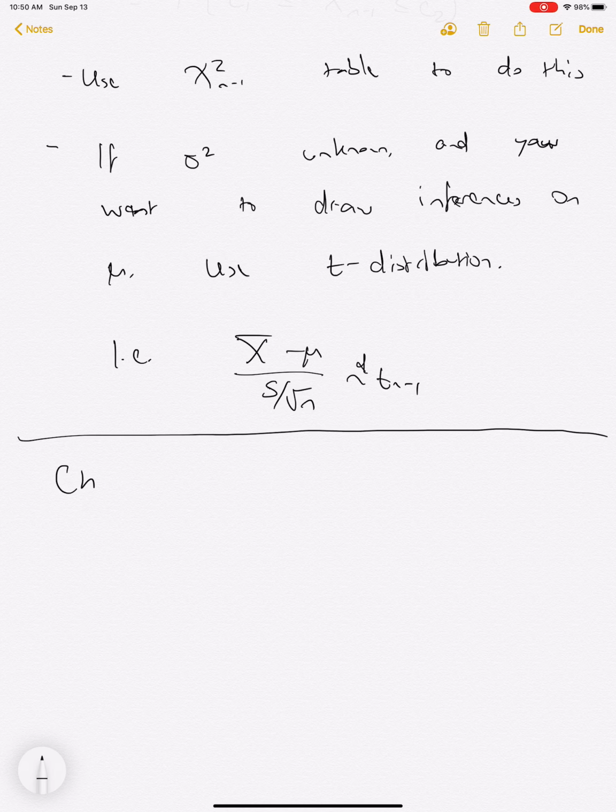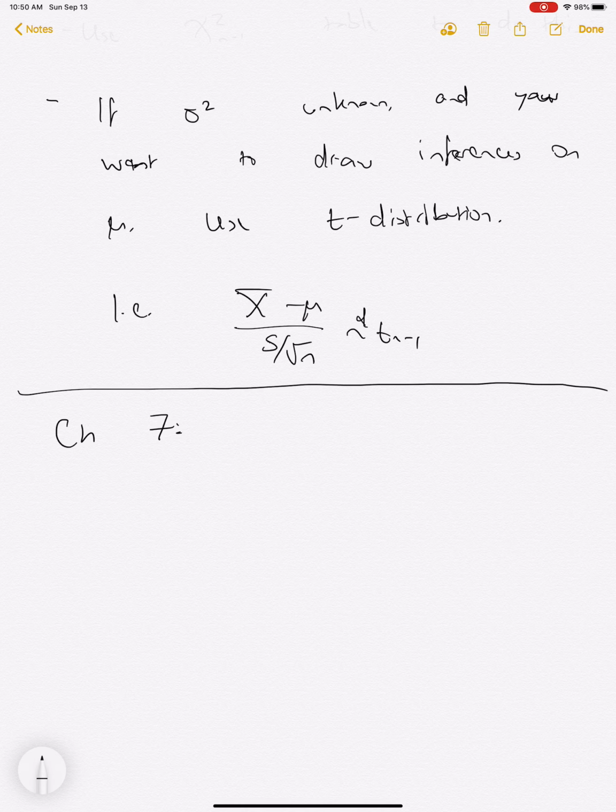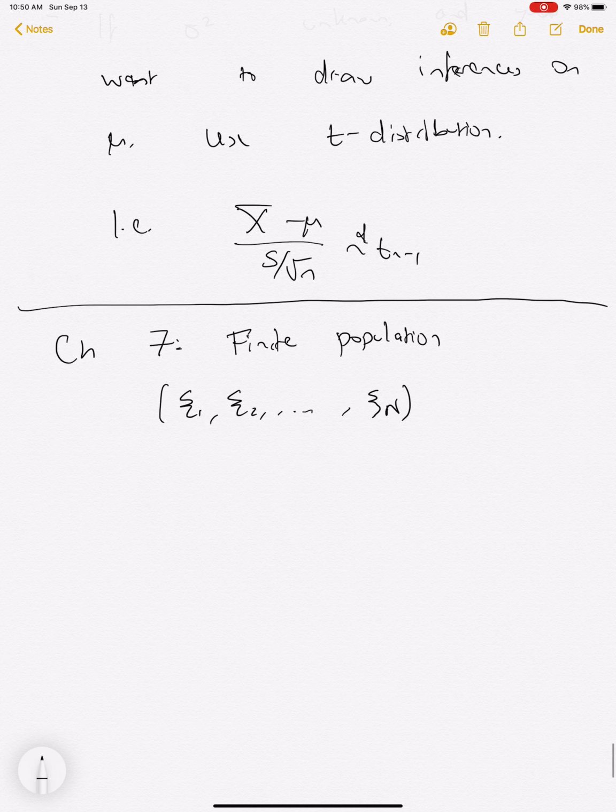So in chapter 7, if we look at the key components of the framework, we had a finite population. You can think about a voting population where there are N people. N is the population size, and this is usually very large, maybe on the order of millions.